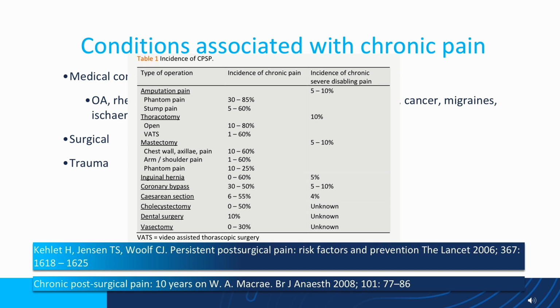I've seen a couple of people recently with persistent sternal pain following bypass procedures. Cesarean sections are there as well, a very common procedure, and they can get persistent pain. Dental surgery, I see a lot of people that have had some form of dental operation and are left with these new, different, altered facial pains, and even simple things like vasectomies.